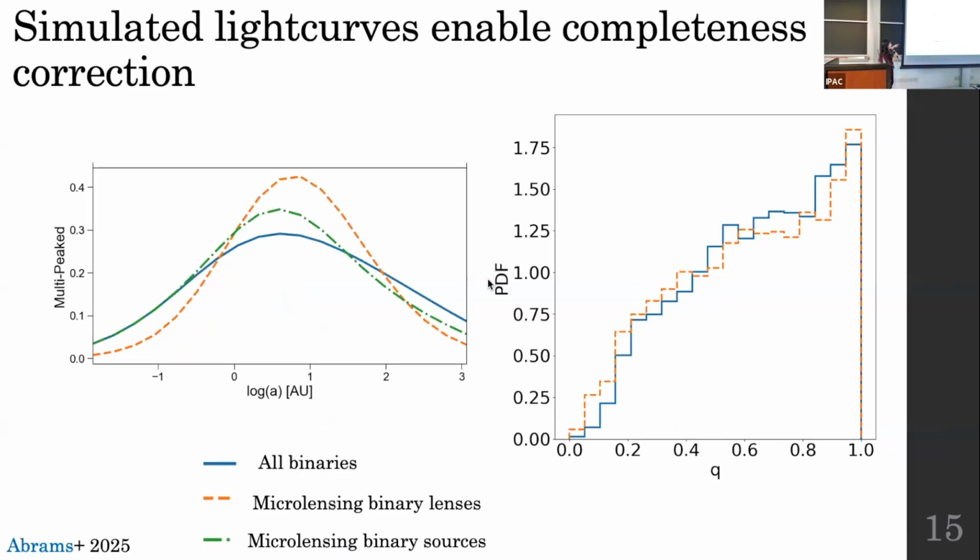For example, we can look at the semi-major axis distribution for these multi-peaked binary events that are more likely to be identified as binary. In blue is our intrinsic binary distribution that we put in before doing any microlensing. In orange are the binary microlensing lenses, and green are the sources. You can see that these all have different distributions. You can also look at the mass ratio distribution, though those aren't actually found to be significantly different.